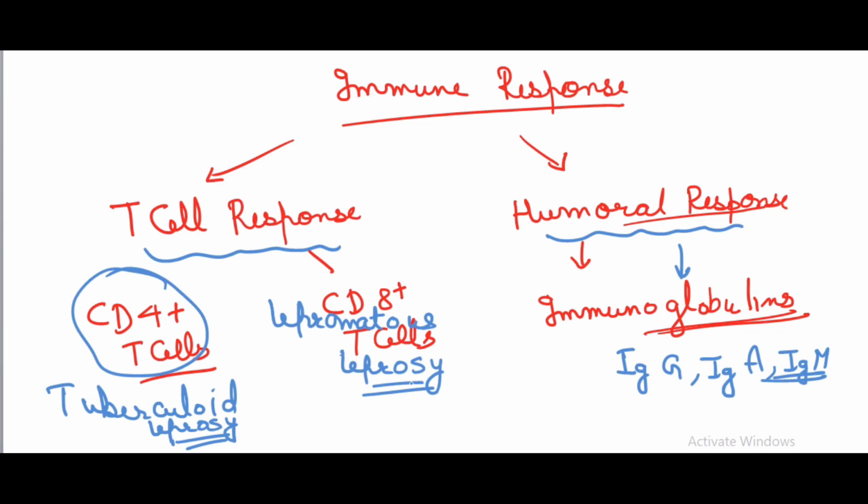So in the tuberculoid leprosy, remember CD4 T cells play a major role, while in the lepromatous leprosy, there is an excess of CD8 T cells that fail to destroy the bacillus due to the defect.